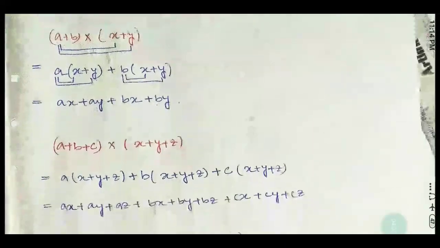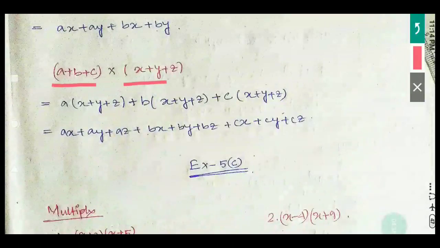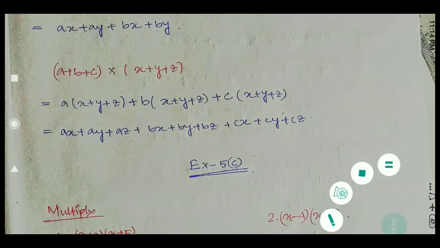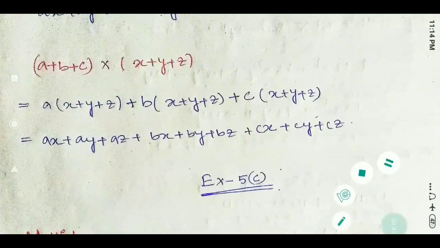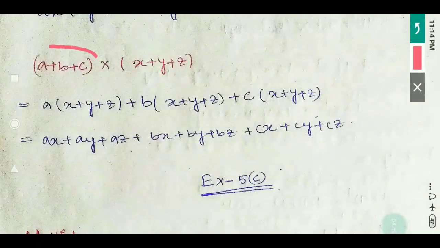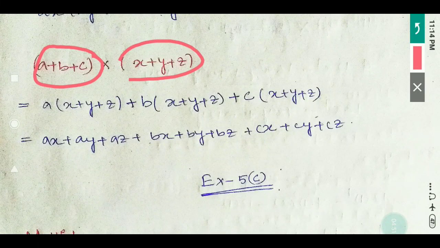Similarly in this case also, here three terms are given, here 3 terms. So first of all you consider one factor as a single term. This a plus b plus c is given, so you consider the term x plus y plus z as p. This term I have considered as p.